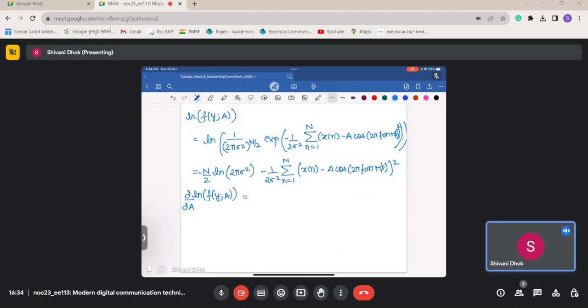In that situation, your first term here is independent of a, so this goes to 0 after differentiation with respect to a.